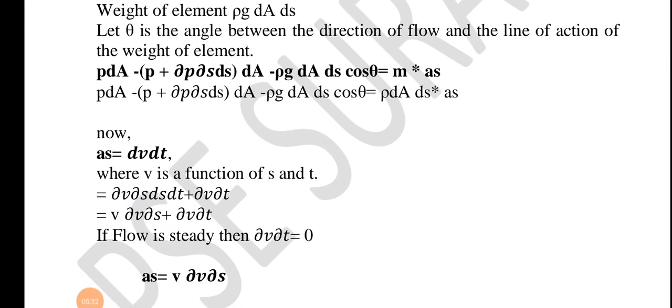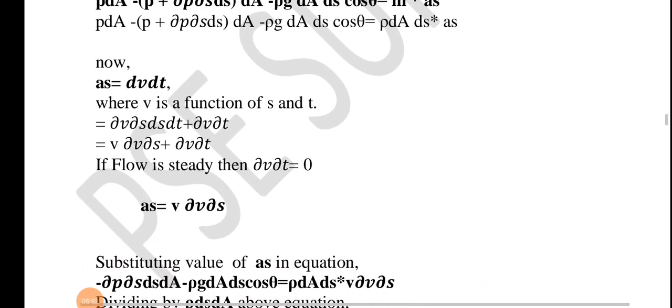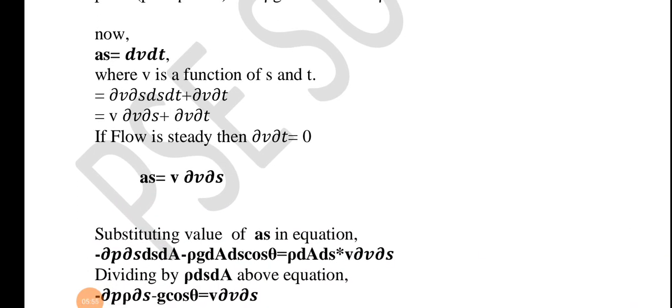Okay, now acceleration. As we know, acceleration equals dv by dt. Now if we write the velocity as a function of space and time, we can write acceleration equal to del v by del s into ds by dt plus del v by del t.